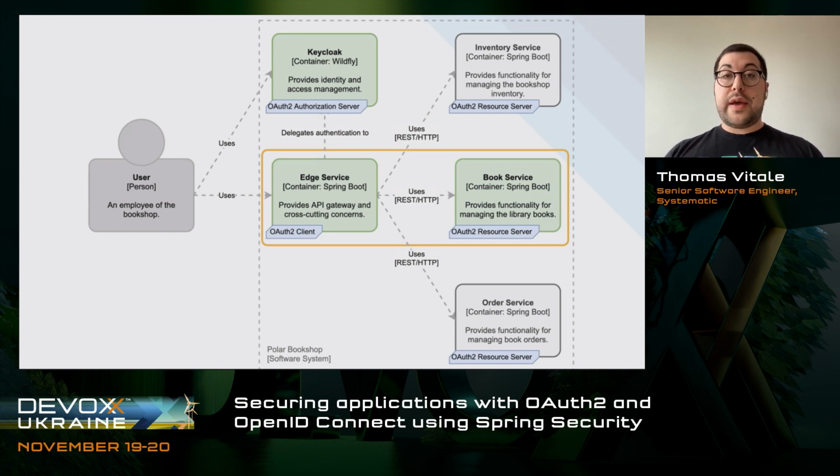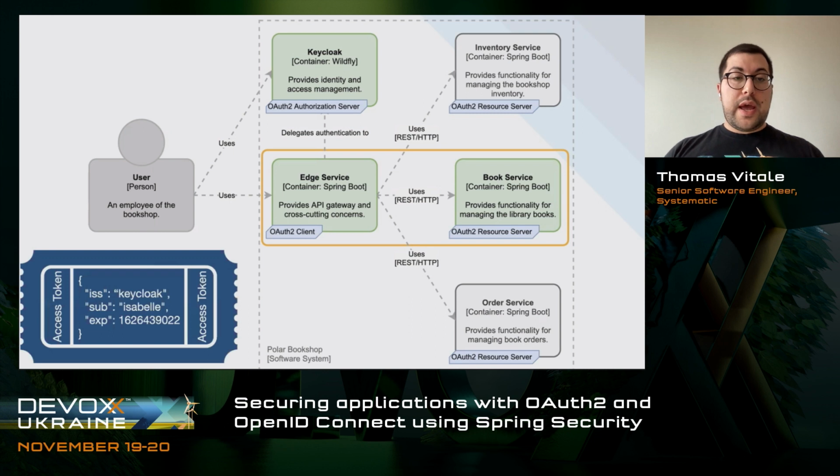We have a solution also in this case, and this is the access token. An access token, once again, is provided by Keycloak after a user is successfully authenticated, but this time the access token is used by Edge service in order to get authorized access to BookService, to an OAuth2 resource server.